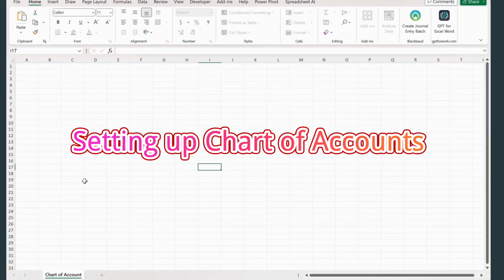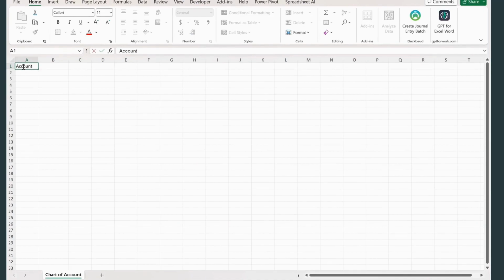Here we set up our chart of accounts. Assets. Our sub-accounts, we have current asset, non-current asset, or liabilities.